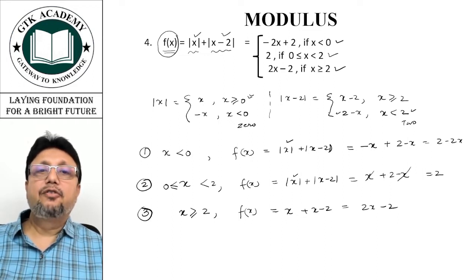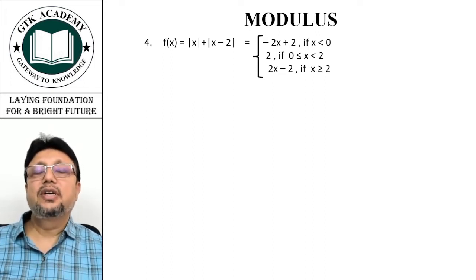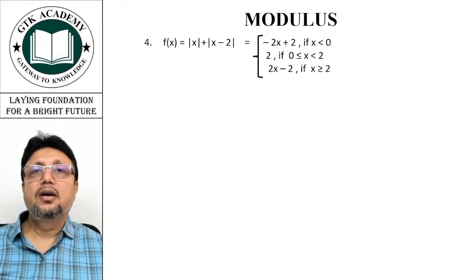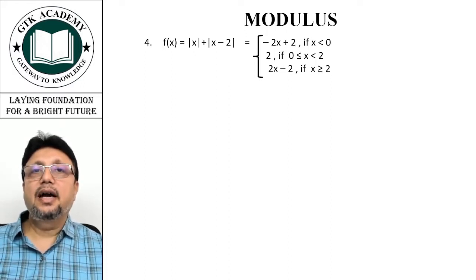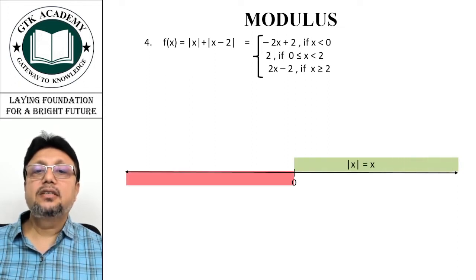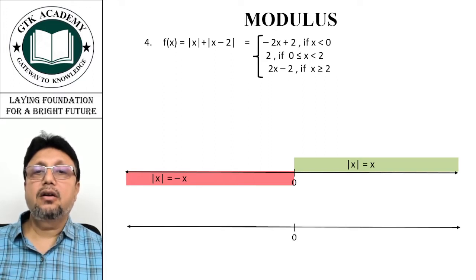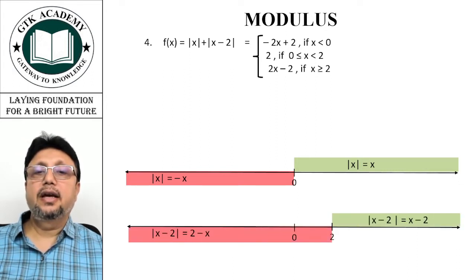Now again, if there is still a doubt, because we have two mods here, some people may think that it is a bit complicated. So let me explain it with the help of that number line diagram again. You have one function which is |x|, which we already discussed. The number line is like this, and you have another function |x − 2|, which is depicted on this number line like this.